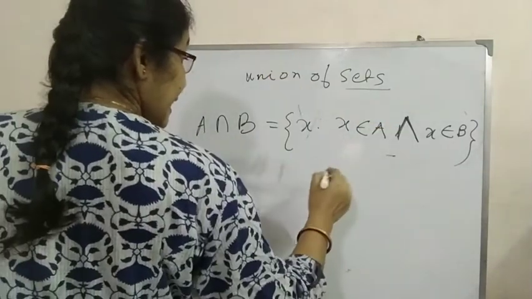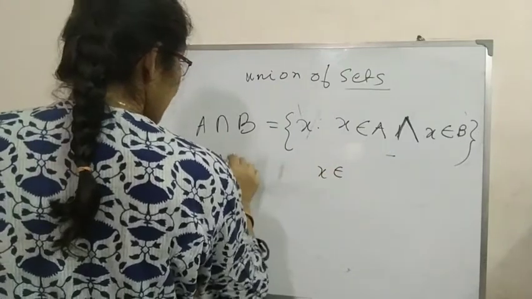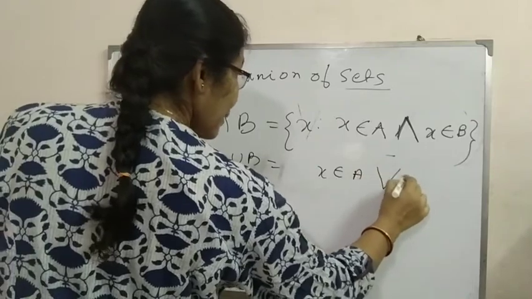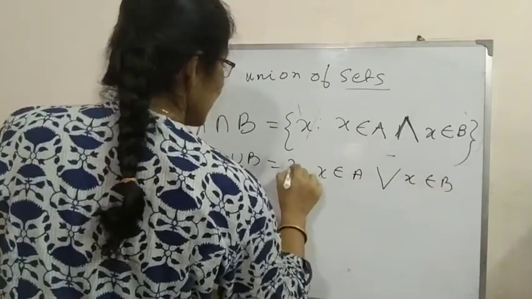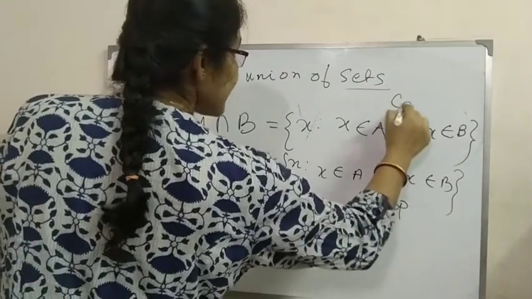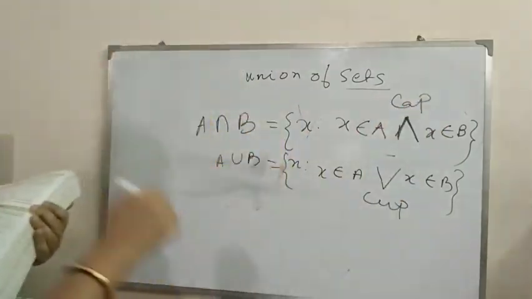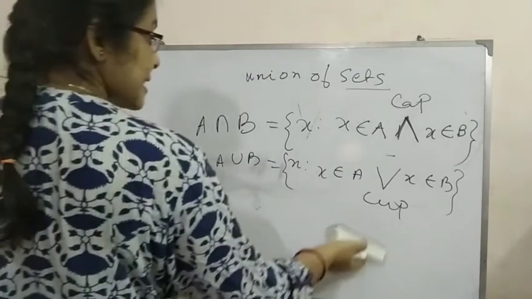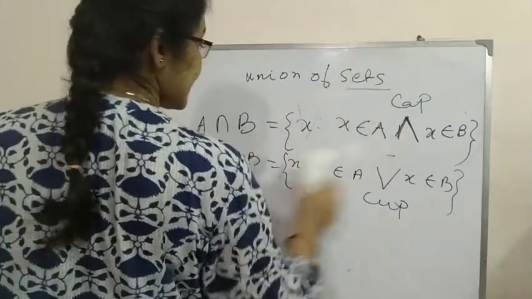That is X belongs to A, X belongs to B, such that this is the symbol. This is the difference between them. In union this is the symbol and in intersection this is the symbol.